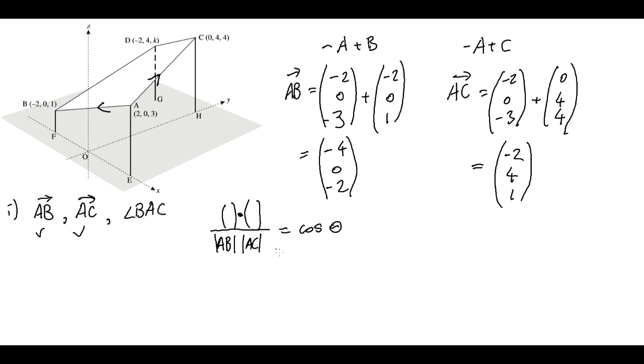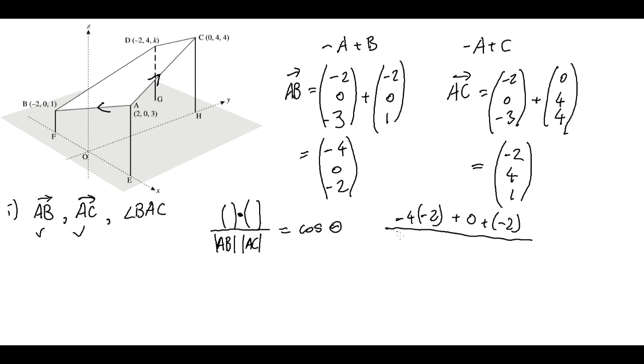So for this one, the dot product of this vector and this vector is minus 4 times minus 2, add 0 times 4, add 1 times minus 2, which is the result on the top bit, and the bottom bit is the magnitude.